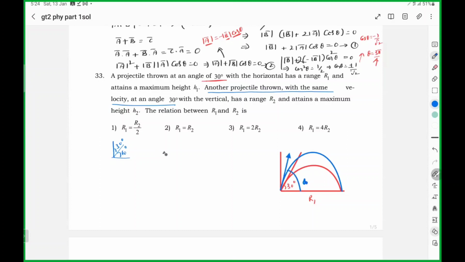They will have the same range because they are projected at complementary angles.